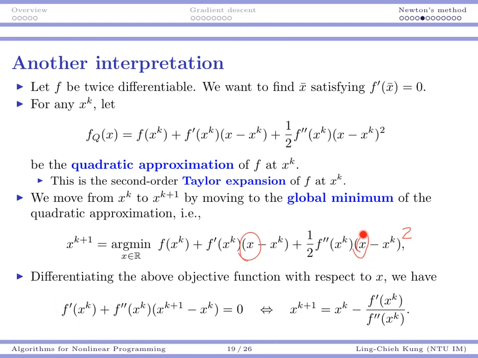If I differentiate here, then the 2 cancels the 1/2, and I get this thing. So I need this equality to hold. And if you turn back to one page before, this is exactly the equation we were talking about. Okay, so the two interpretations are somewhat different from different perspectives, but they are doing the same thing.